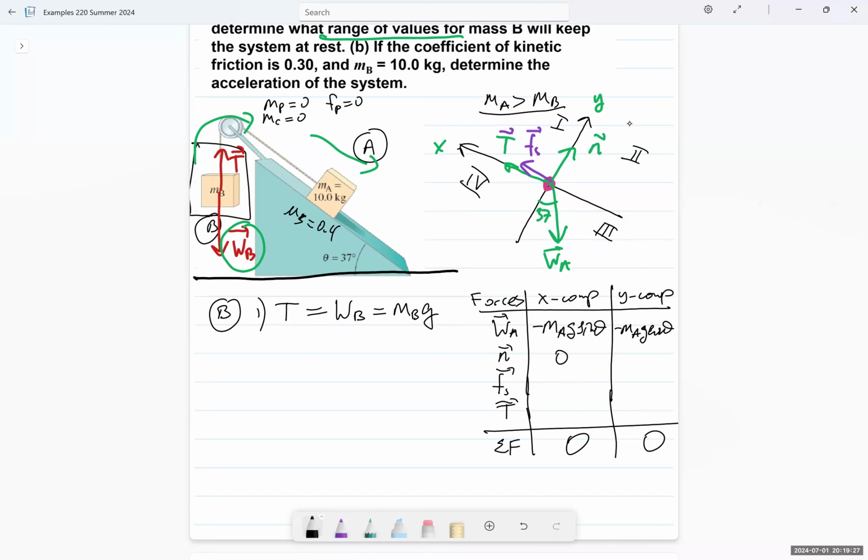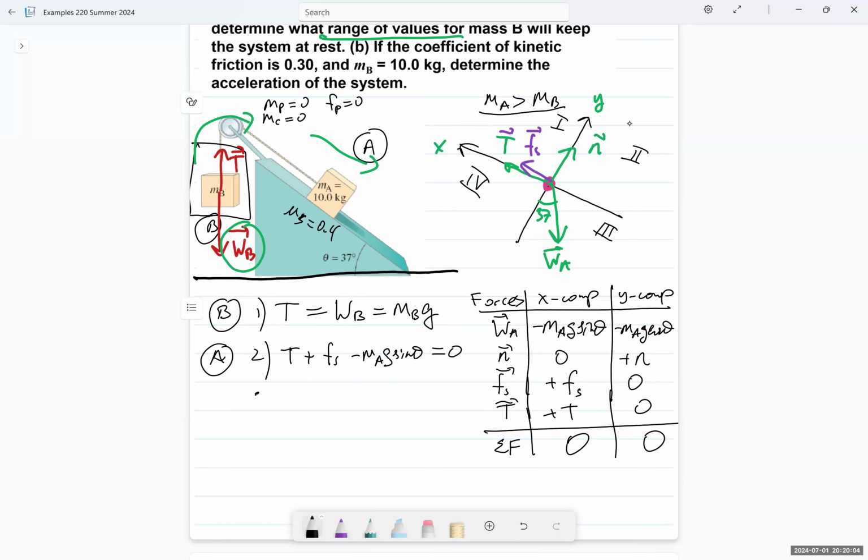Normal force has no X component, acting in a positive Y direction. Static friction will be in my positive direction because I chose up to be positive, and has no Y component. Tension will be positive and has no Y component. That means from system A, I'm going to get two equations. Let's call this equation 2: tension plus static friction minus MAG sine of theta equals 0.